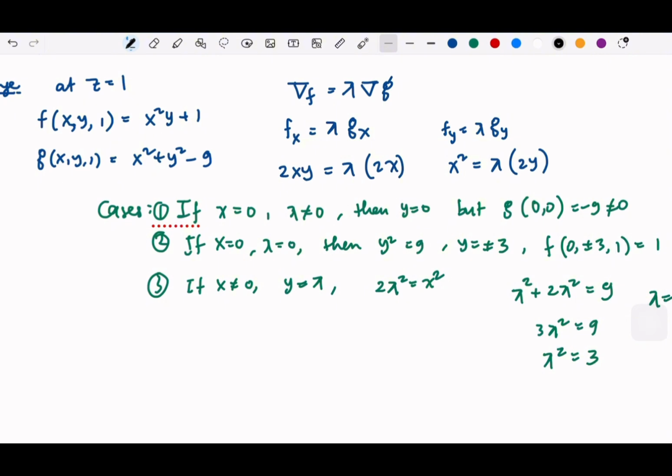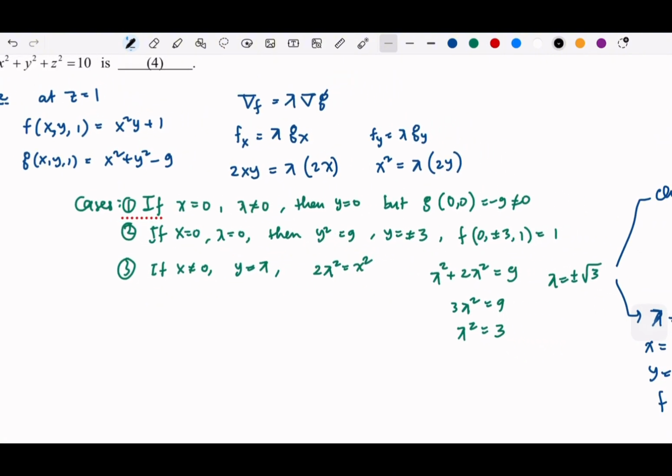So x squared, substitute here the x squared, and this is y squared. We could get the lambda, which is plus minus square root of 3. Which then could lead to different points.